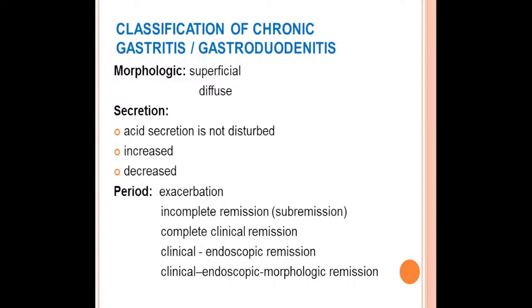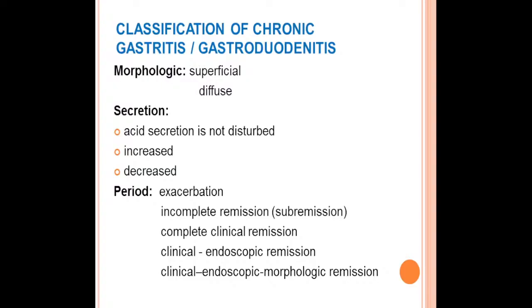But if acid secretion is not disturbed, or if there is decreased secretion, that is a very serious situation. It speaks of a serious and very long-standing chronic process, and maybe atrophic or malignant mucosa in the stomach or duodenum.